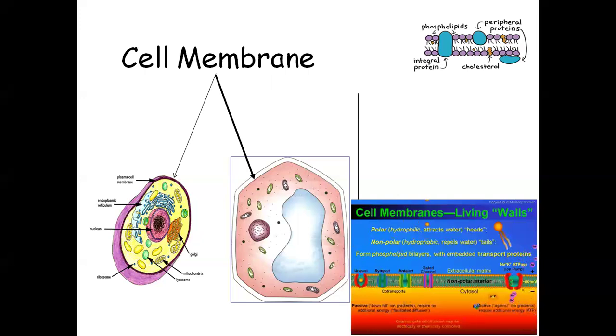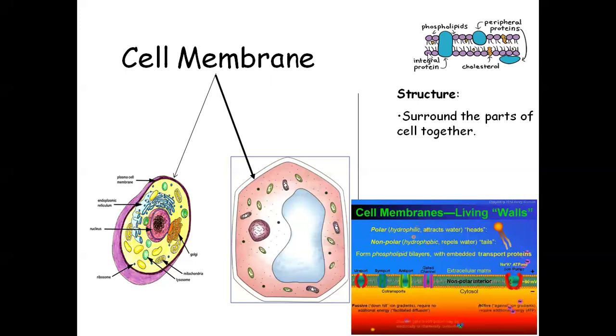So here we are going to discuss the animal cell, and it has the cell membrane. Here you can see the cell membrane. The cell membrane has the structure of a bilipid layer.